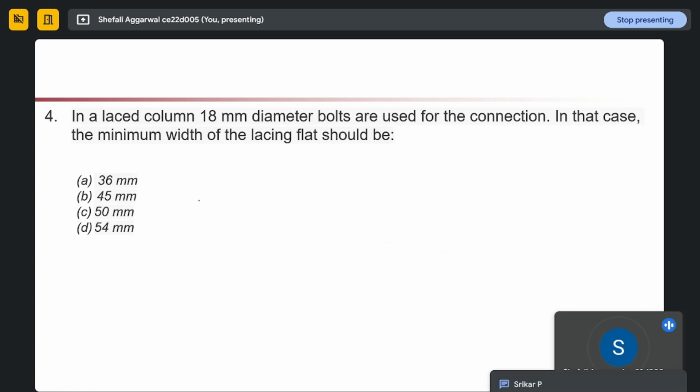Okay, so the next question is, in a laced column, 18 mm diameter bolts are used for the connection. In that case, the minimum width of the lacing flat should be?